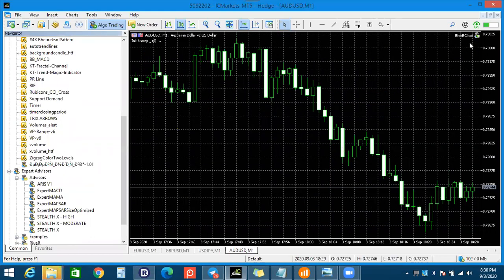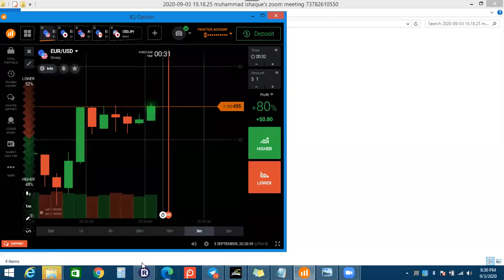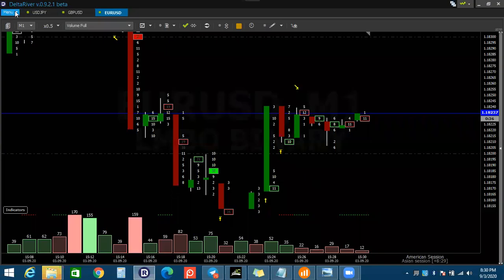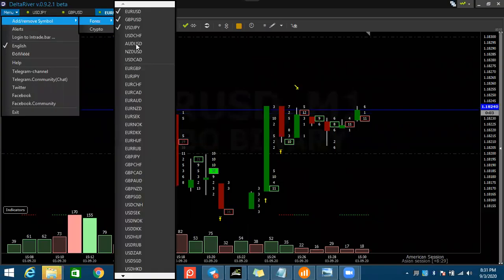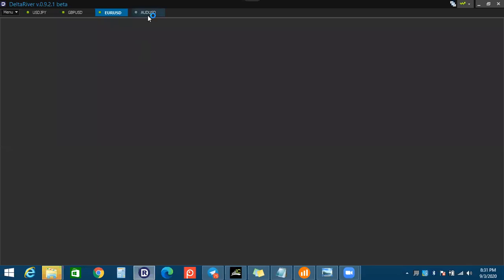I move to here, and there is a menu, add symbol, that is Forex, and there is AUD USD. So now the pair is opened. Now it will download the tick history, and then it will show the results. In 1 or 2 minutes it will take the tick history. Got it?